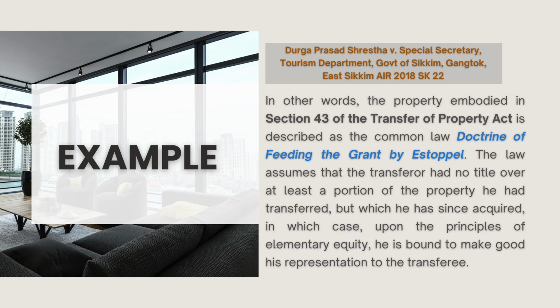The law assumes that the transferor had no title over at least a portion of the property he had transferred, but which he subsequently acquired, in which case, upon the principle of elementary equity, he is bound to make good his representation to the transferee.